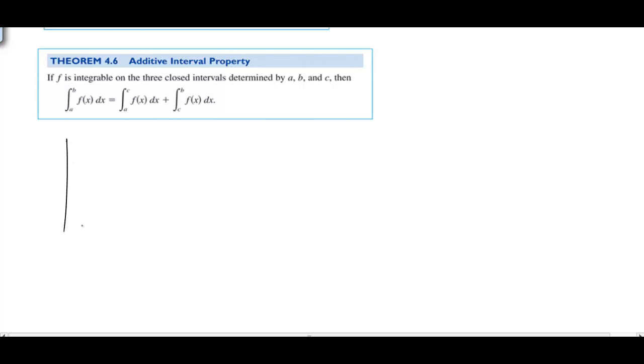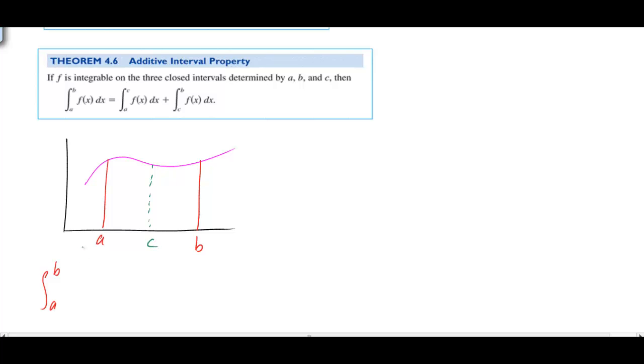For example, if I had a function here that we were to draw out, and if we're going to integrate from a all the way to b, so here we have the integral from a to b, and we have some point in between here at c.